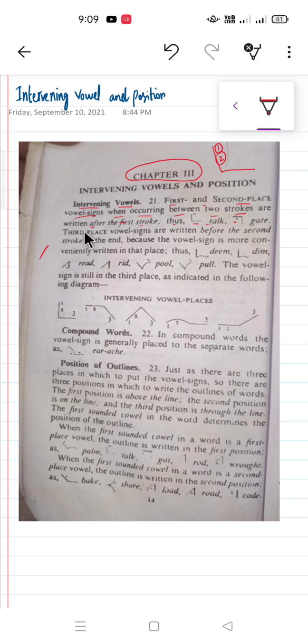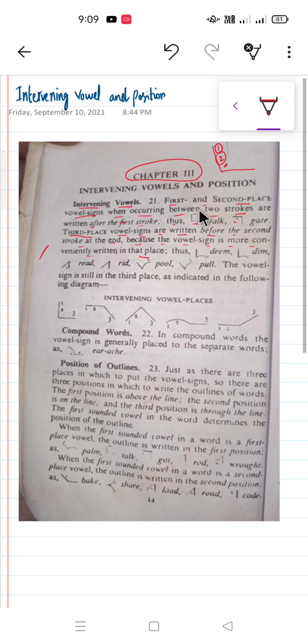Now the rule is: third place vowel signs are written before the second stroke at the end, because the vowel sign is more conveniently written in that place. Simple. When you try to write the third place vowel after the first stroke, you will be writing in this position. Am I right?